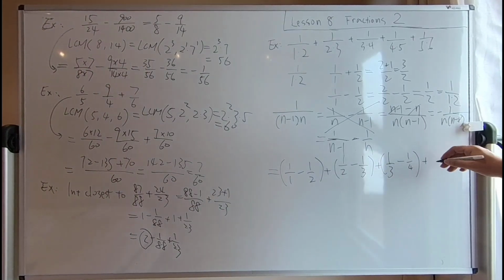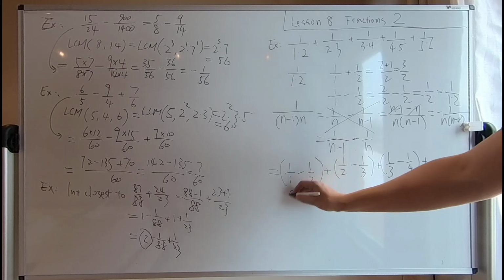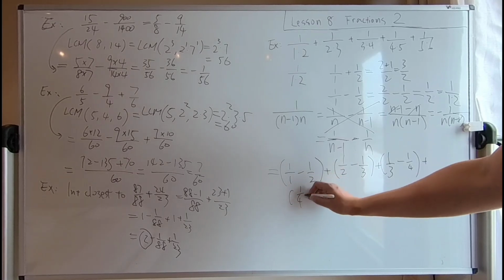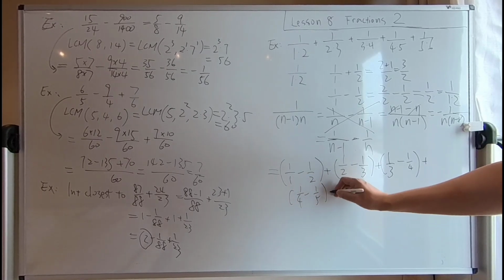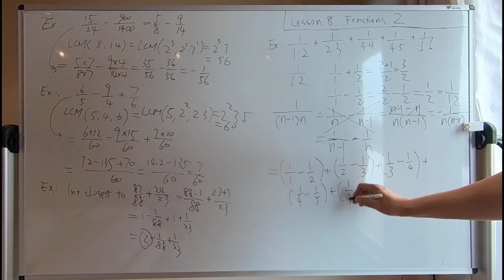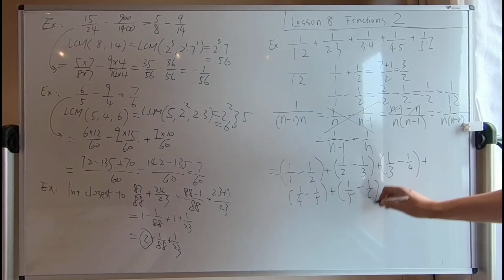And you keep writing until the last term, which is 1 over 5 minus 1 over 6.